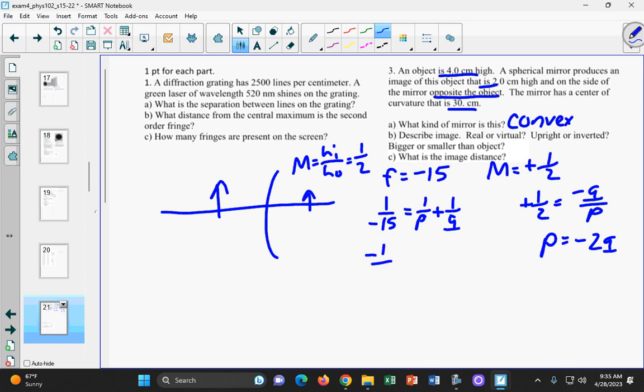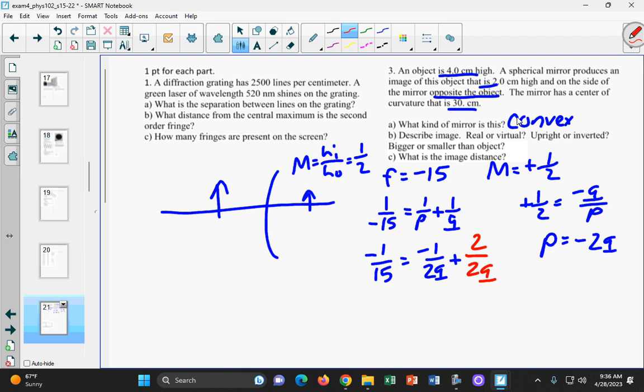Then I can plug that in for p. So I get negative 1 over 15 equals negative 1 over 2q plus 1 over q. I need to find a common denominator. The common denominator here is what? Not q, but 2q. So 1 over q is the same as 2 over 2q.